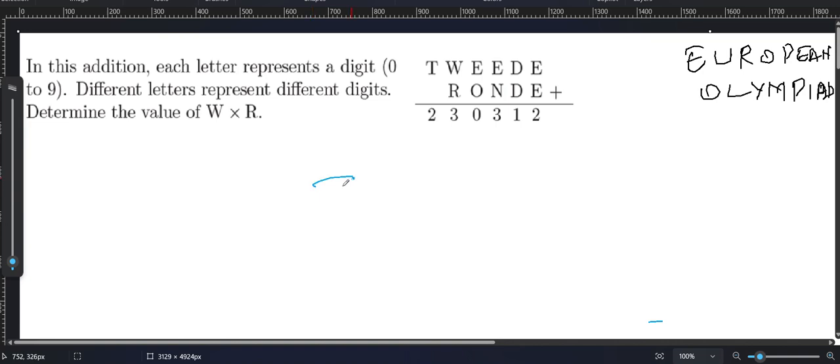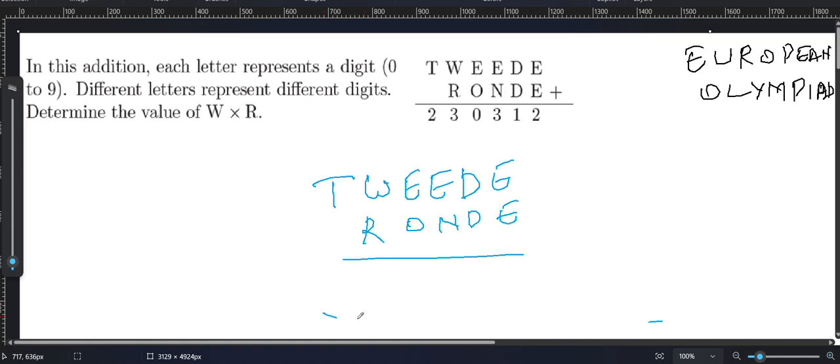Here if you write these numbers like TWEEDE, RONDE, and try to complete it, we get certain possibilities. So D and E, what are the possibilities?